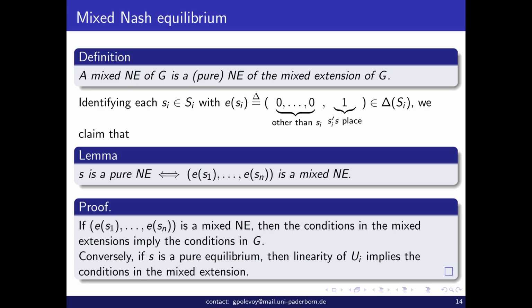Now we can first define what is a mixed Nash equilibrium. A mixed Nash equilibrium of a game is a pure Nash equilibrium of the mixed extension, because the mixed extension is also a game. So as before, identifying a pure strategy with a certain mixed strategy, where simply with probability 1 the player plays this pure strategy, we can claim the following lemma.